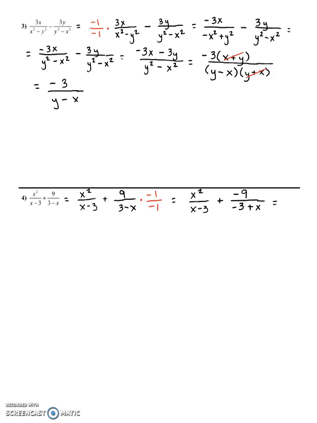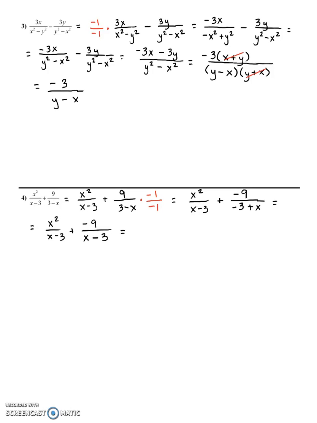And that leaves us with x squared over x minus 3 plus a negative 9 over, remember we can change the order those are written in, so instead of negative 3 plus x, we can say x minus 3.